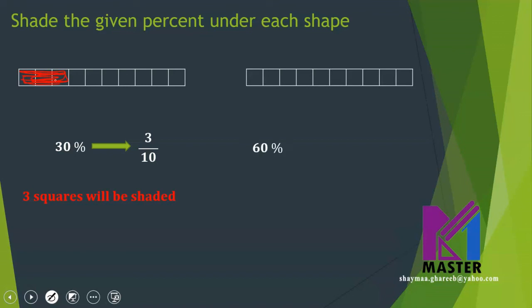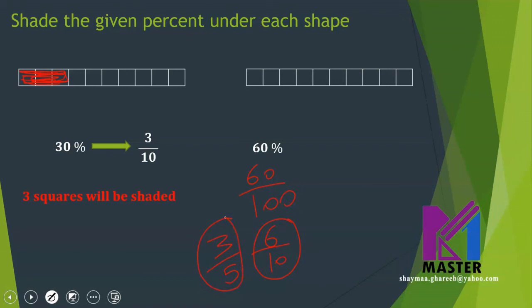For the second one, I want to shade 60%. And 60% as a fraction is 60 over 100. In the simplest form, I can write it as 3/5 or 6 over 10. So I can shade 6 squares out of the 10 squares, or I can shade 3 from each 5.